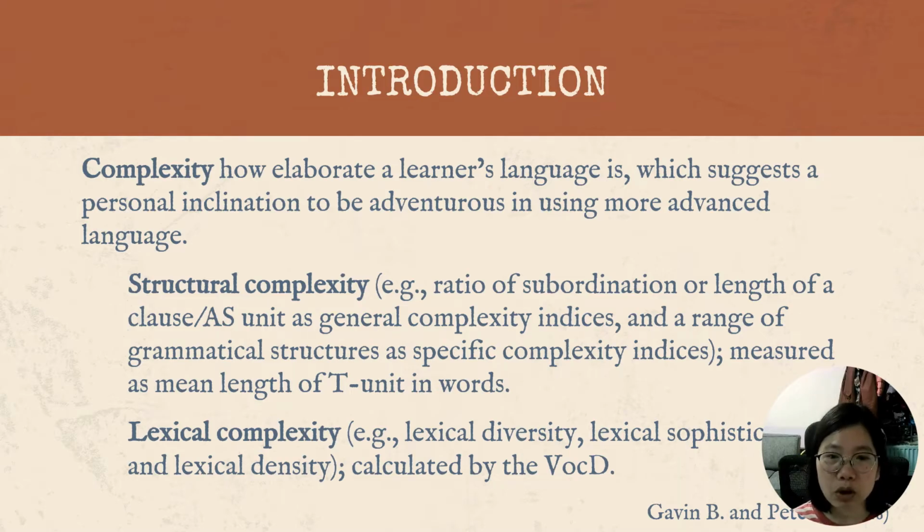We can look at structural complexity by looking at key units in words. It means how long and how complex the structure is. And also we look at lexical complexity. It's about the vocabulary and phrases that students use in their writing and is calculated by VOCD.